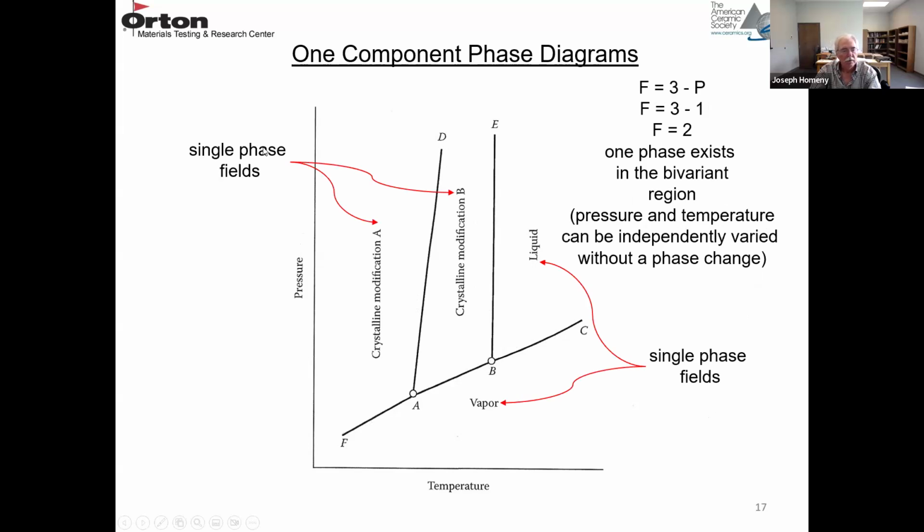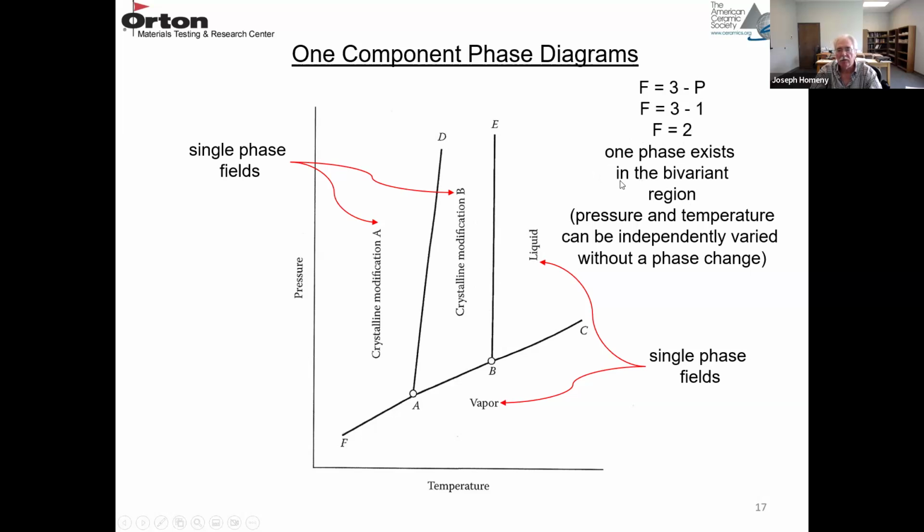And then the single phase fields: this whole region for crystals A, this region for crystals B, this region for the liquid, and then this other region for the vapor. They're all single phase fields. So again, F equals 3 minus P. P is 1 because there's only one phase present. So 3 minus 1 is 2. So the variance is 2.